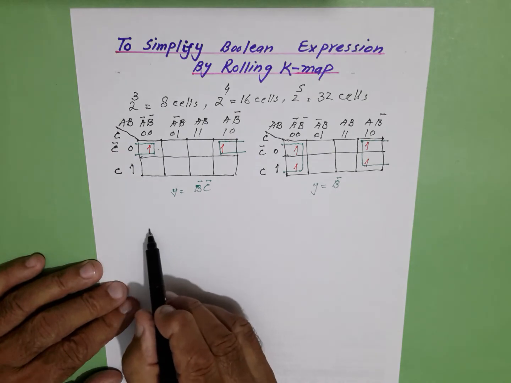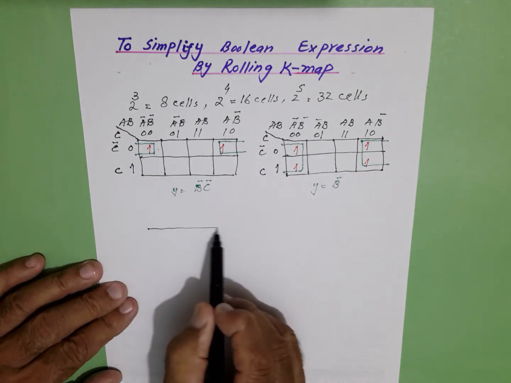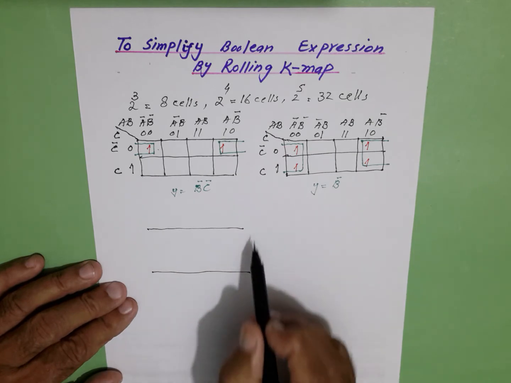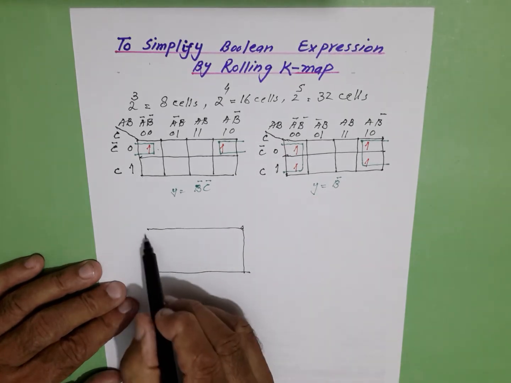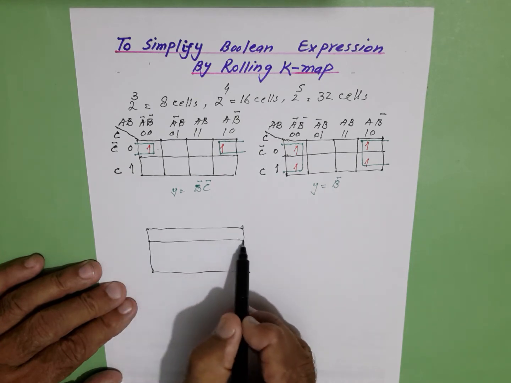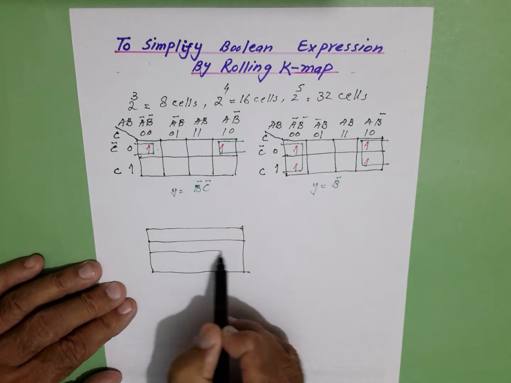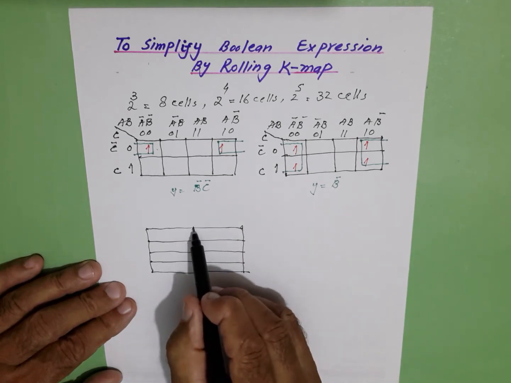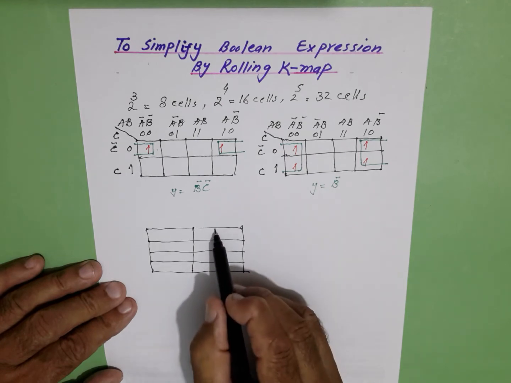Let us see if there are 4 variables, 4 inputs. There are going to be 16 combinations, 16 cells.